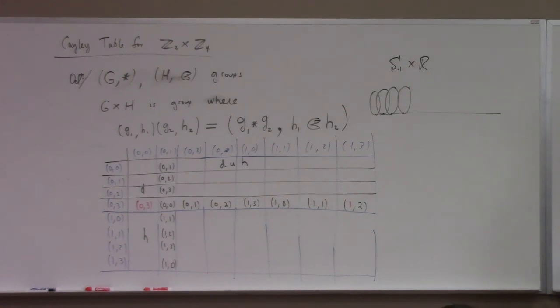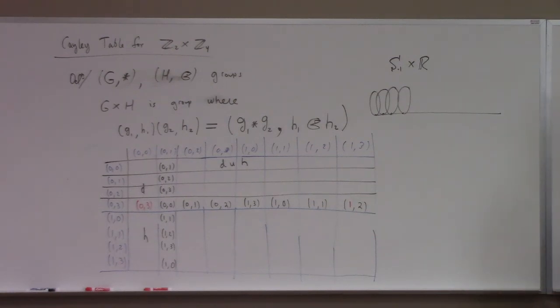So the way this would work is if I have (A, B) times (C, D), that's equal to (A plus C, BD). This is a mod 2 calculation, this is a mod 3 calculation, right?